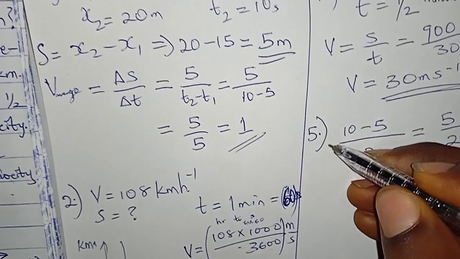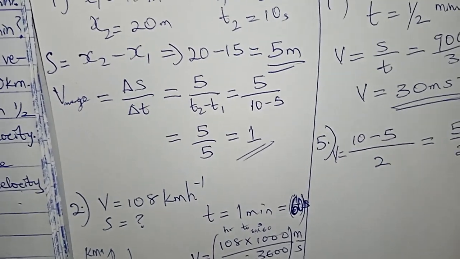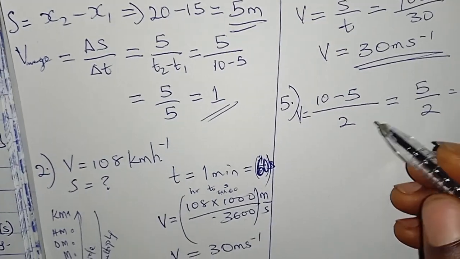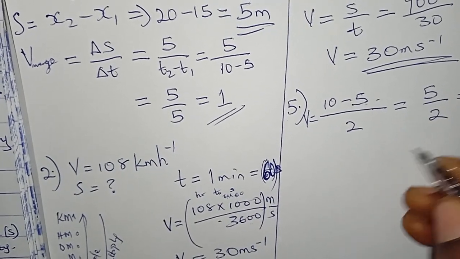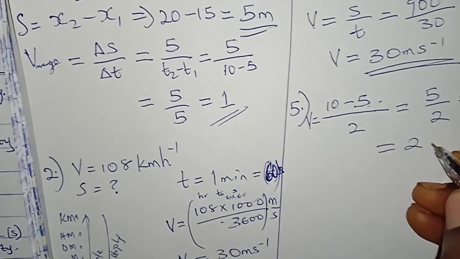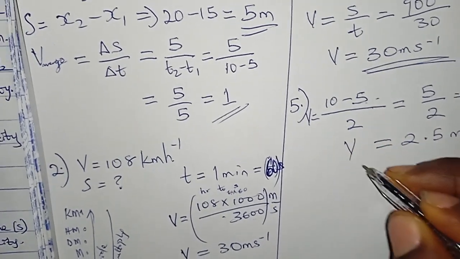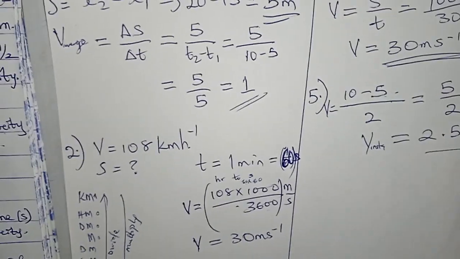My instantaneous velocity is displacement over time, and displacement is change in position. So 5 over 2 is equal to 2.5 meters per second. That's my instantaneous velocity. So this is my final answer.